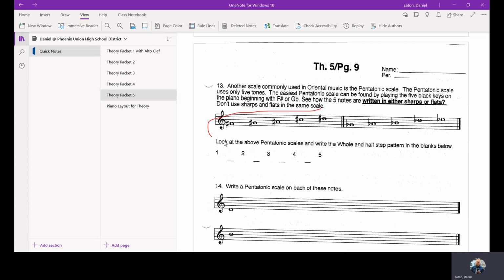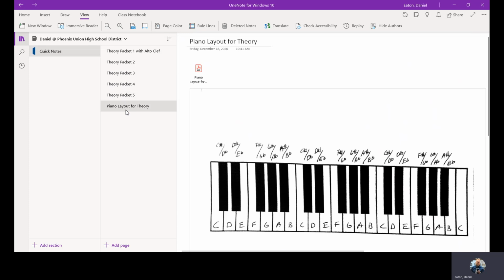So it's just giving you an example right here and right here. Okay? And just so we can refer to our piano layout, here we go. So it's saying start here, then there, then there, then there, then there. Okay, pretty much giving you those 5 tones to use for your pentatonic scale.